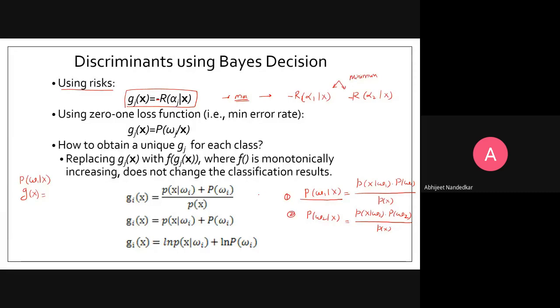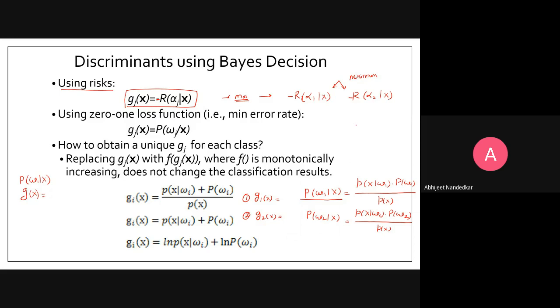Now suppose I call them g1(x) and g2(x), and I use these equations directly as my discriminant functions, numbered 1 and 2.